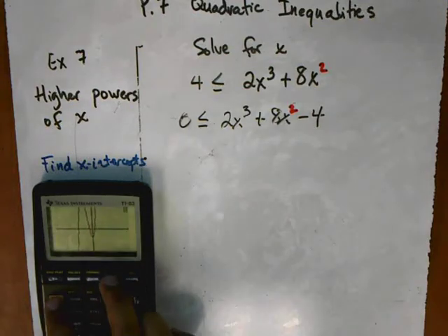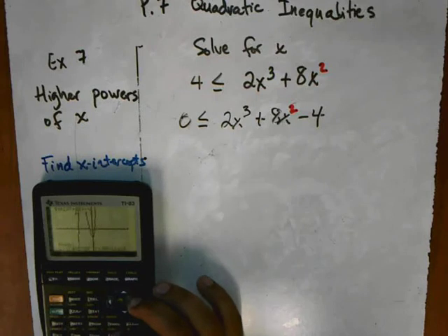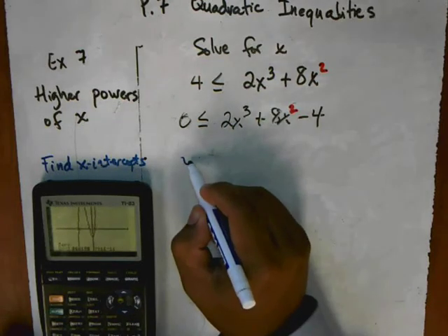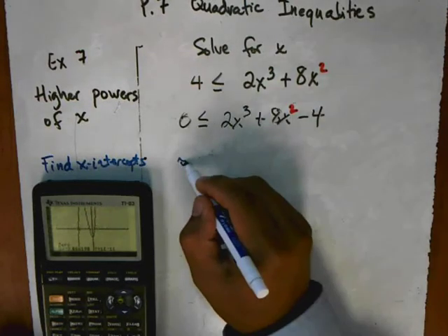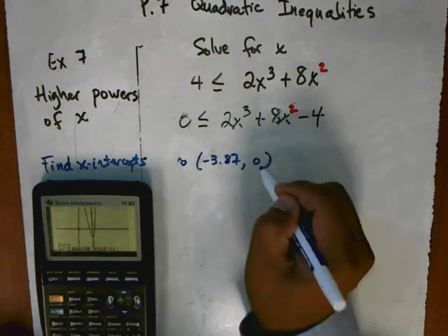So I'm going to find the leftmost point here. Move the cursor just a little bit to the left, hit enter. So one of the x-intercepts is approximately negative 3.870.